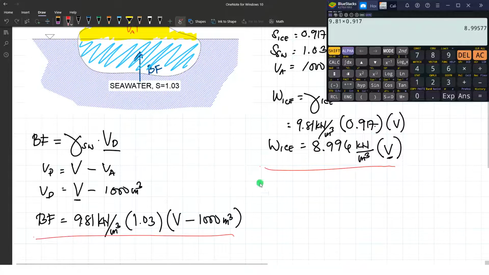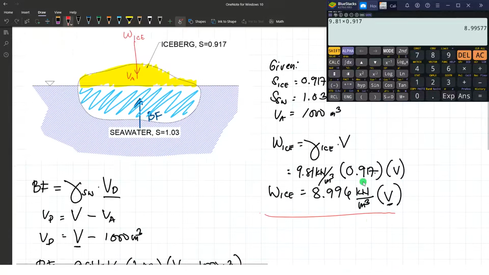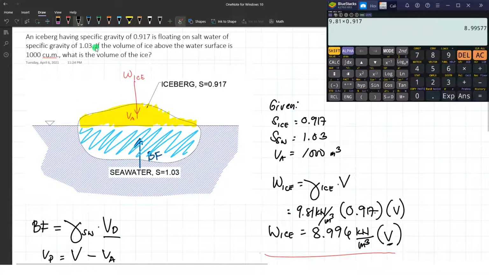We have the weight of ice and the buoyant force. So by taking the sum of the forces along the vertical, considering downward as positive, or we can also assume that upward is positive, okay?